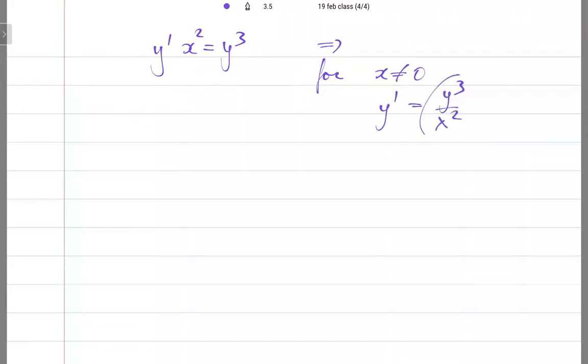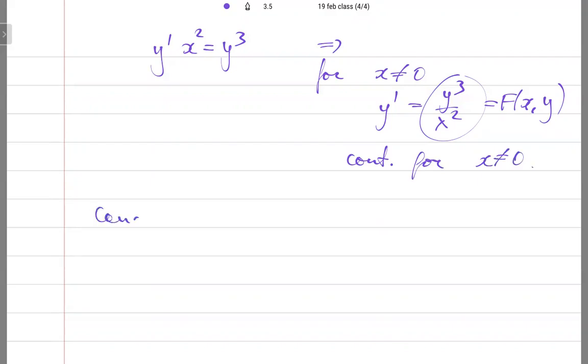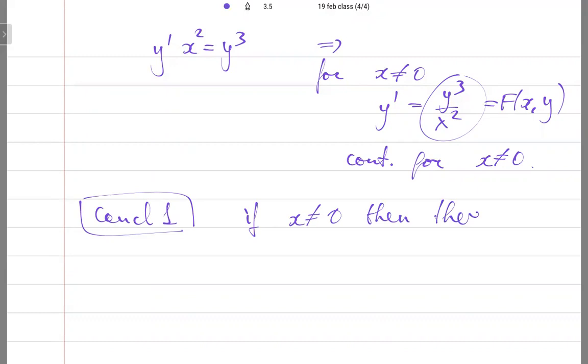I see that this is my f of x, y, and it's continuous for x that is not equal to 0. And my first conclusion, conclusion 1: if x is not equal to 0, then there is at least one solution. I'm using the first part of the theorem.